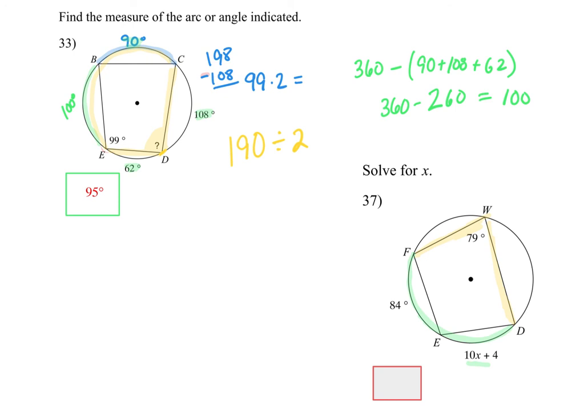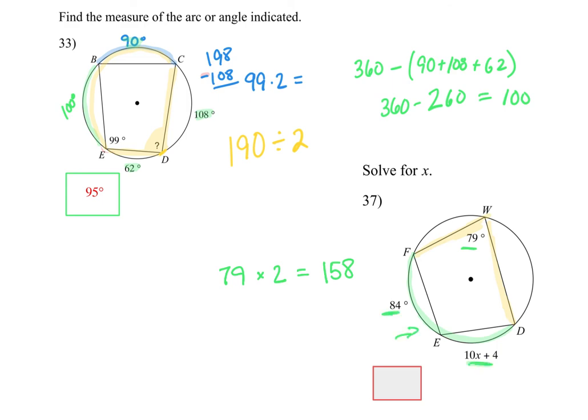Double it, okay? So I'm going to take that 79 and I am going to multiply by 2. What is 79 if I multiply by 2? 158, all right? That tells me that arc. Does everybody see that? If this is 79, the arc that it made is double, 158.